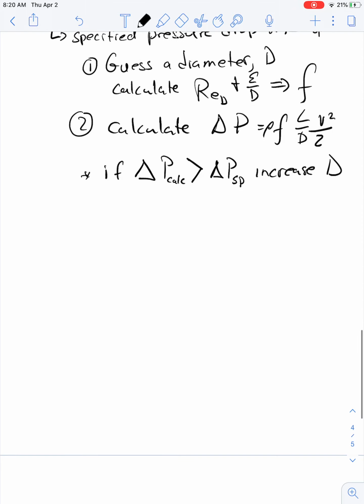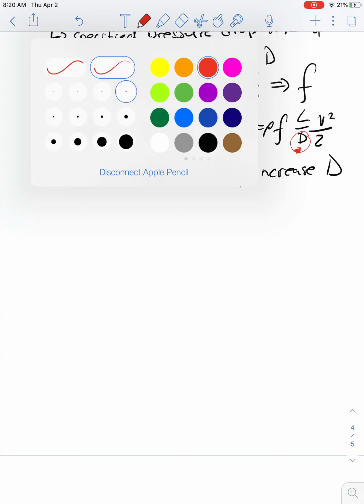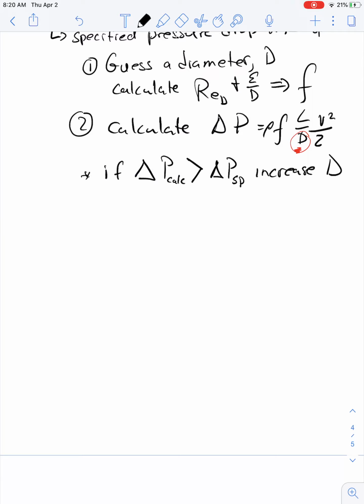What that means is, it's a design problem for the diameter, but we know that the pressure drop increases as we decrease the diameter, so it's inversely proportional. As a result, we're going to guess a diameter that's bigger and increase it and then continue to iterate.